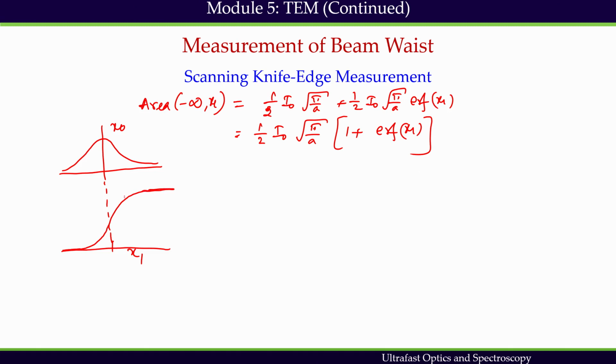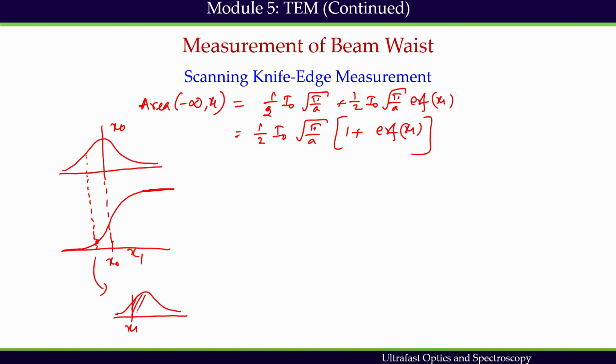This is x naught. So at this point, how do I get this point? At this point, the value of the error function indicates this integration up to x1. So integration of this.